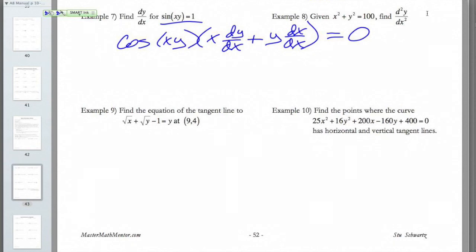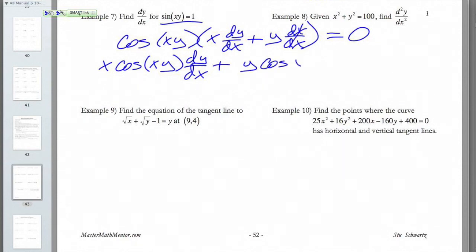So, instead of dividing, I need to go ahead and multiply that through. So that's going to be x cosine xy dy/dx, plus, remember this goes to 1, so that's going to be plus y cosine of xy. All I did was distribute the cosine xy.